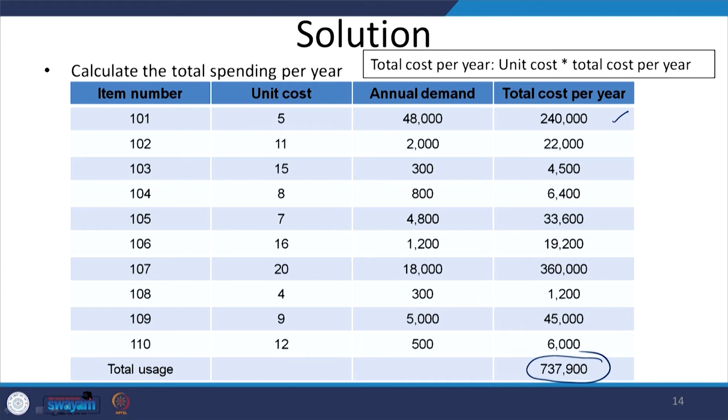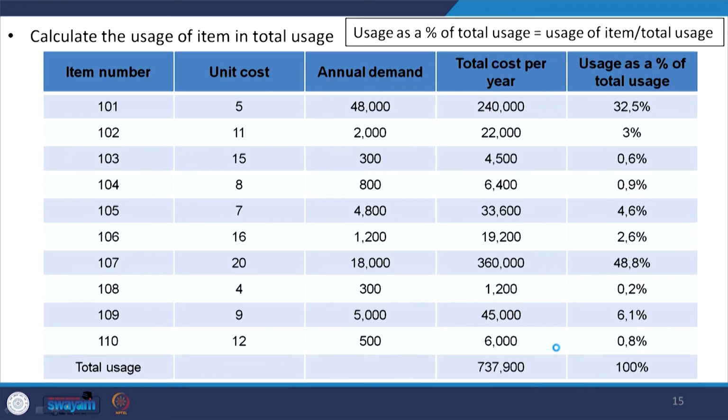On the basis of that, we can calculate the percentage contribution of these different cost factors in this total cost. So, you have 32.5%, 3%, 6%, 0.9%, 4.6% and so on for different types of items.